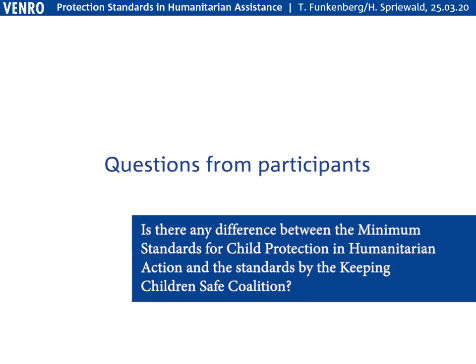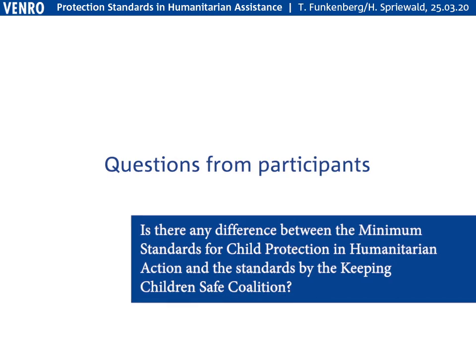But child protection standards in humanitarian action is more at the level of programs and projects. So when I have a case of a child protection incident, for example, a child is involved in child labor, that is of course already doing harm to a child, and I have to solve this case.